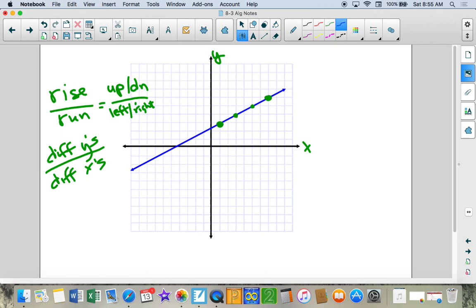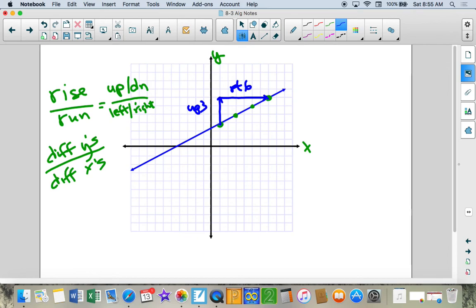So let's take these 2 points first. If I could only go up and down and left and right, how can I get from this point to this point? So I'm going to go up, and how many do I go? I go up 2, and oh, excuse me, if I could count properly, I'm going to go 1, 2, 3, sorry. I'm going to go up 3 and right 1, 2, 3, 4, 5, 6. Right 6.